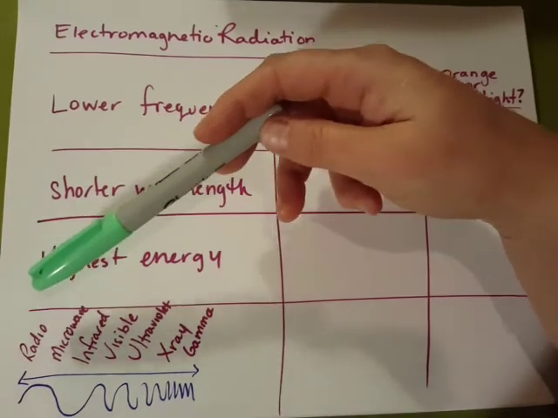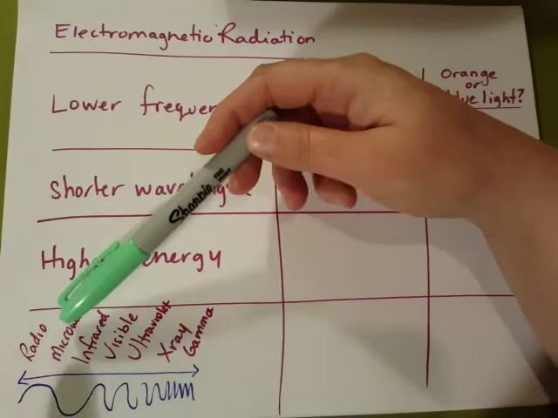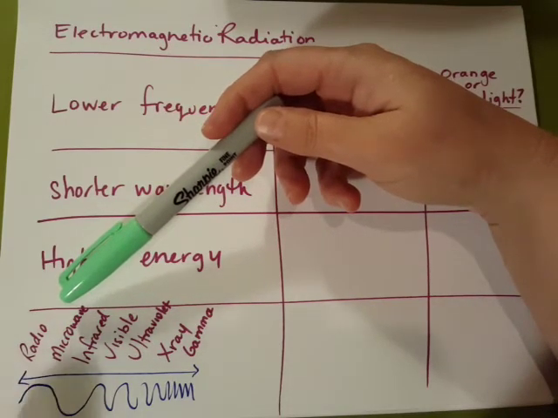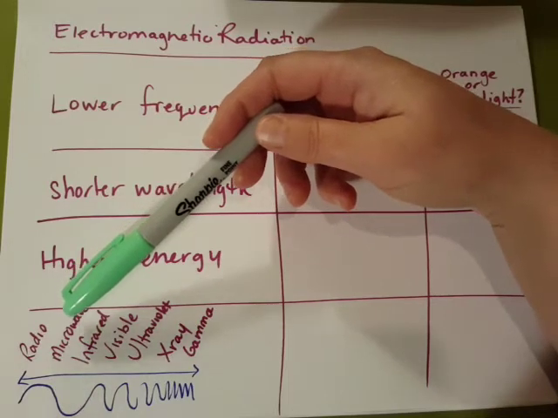FM, AM, those are the types of radiation that have really long waves, could be as large as buildings or football fields.